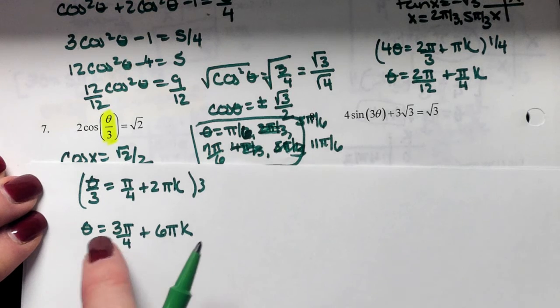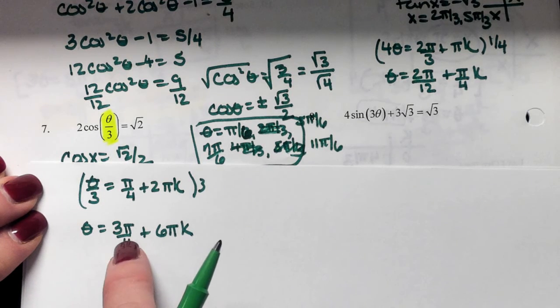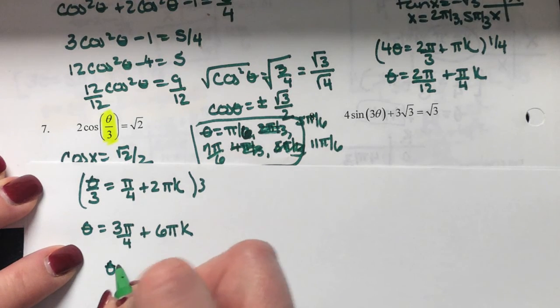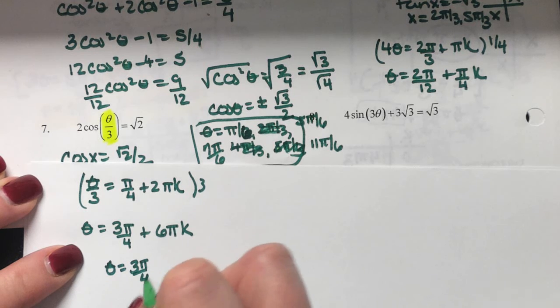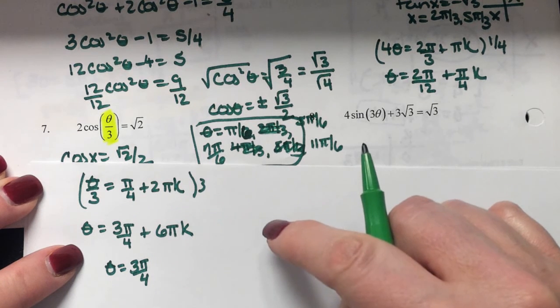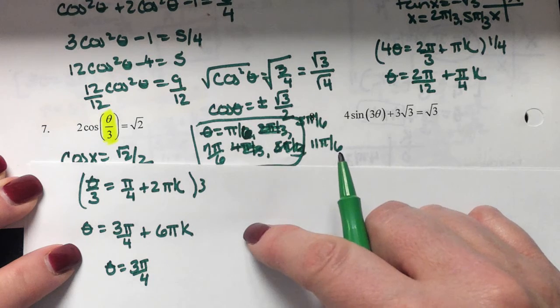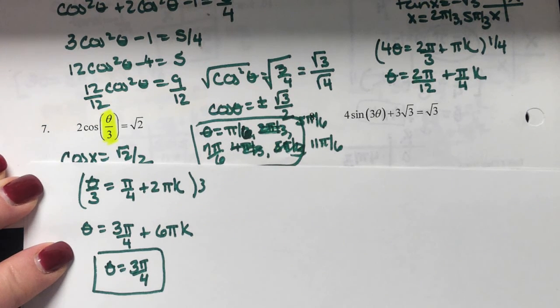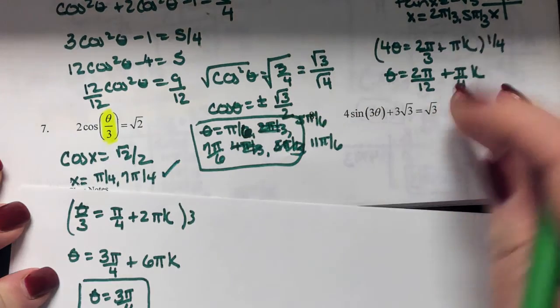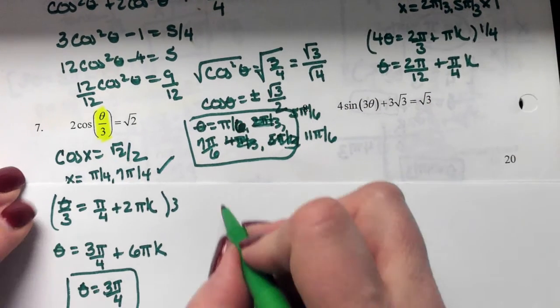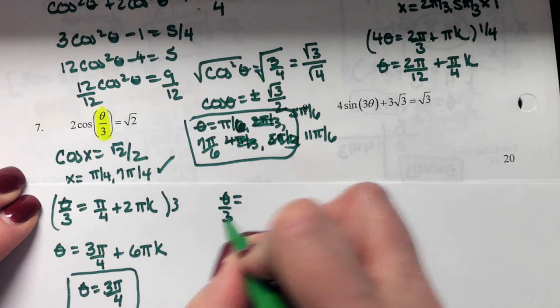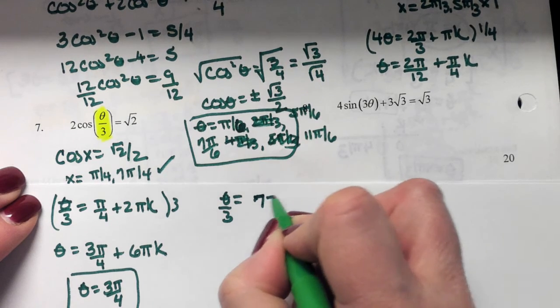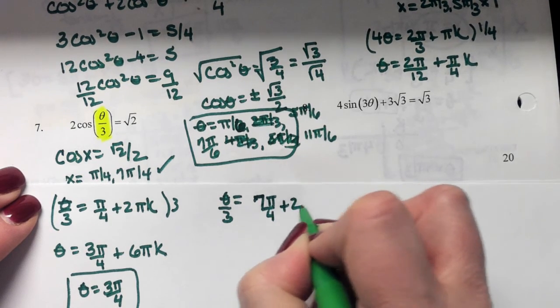So what's the one and only angle that's going to fall between 0 and 2 pi for this one? It's going to be at what? 3 pi over 4. Because if you plug in a 1 for k here, you're going to get an angle larger than 2 pi. But like we mentioned, this is your bad news situation. You've got to consider that 7 pi over 4 as well. So theta over 3 is equal to 7 pi over 4 plus 2 pi k.